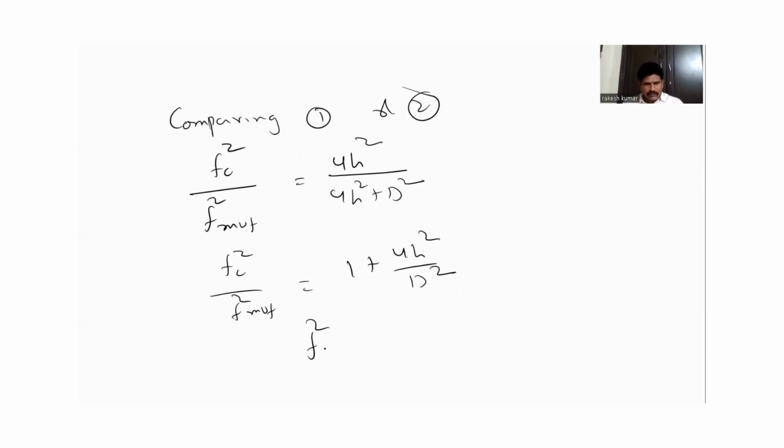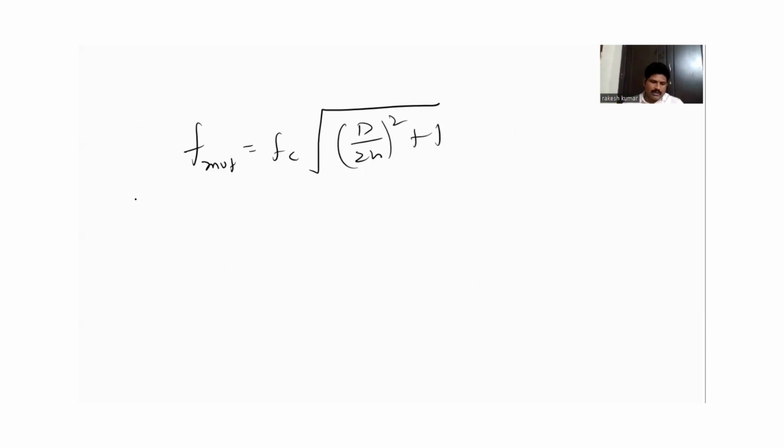So f square is equal to fc square into d by 2h whole square plus 1. Therefore, the final expression for f is f is equal to fc into root of d by 2h whole square plus 1. Very, very important.